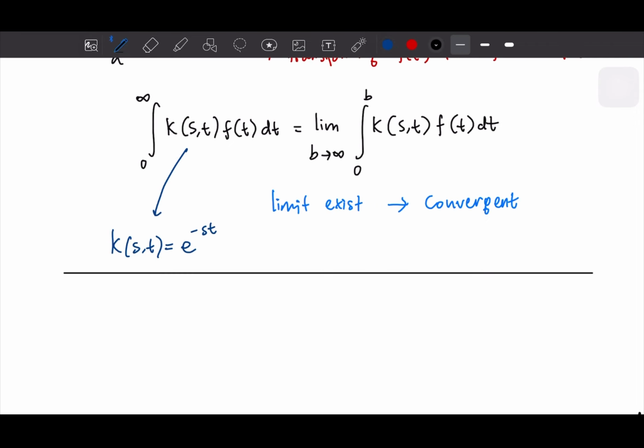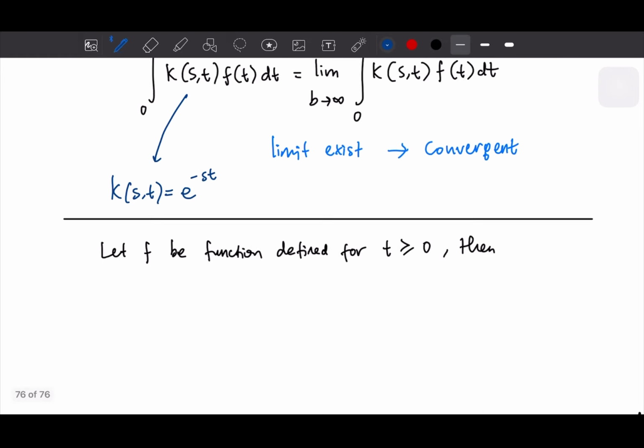Okay, so let f be a function defined for t greater than or equal to 0. Then let me write with the blue color the definition for the Laplace. I will give you the definition first and give you later the consequences within these definitions.